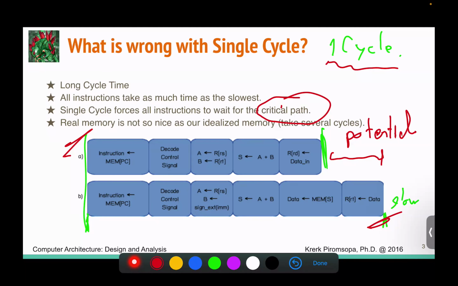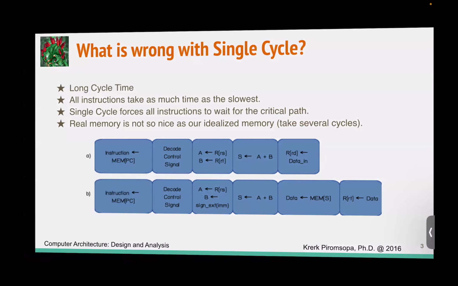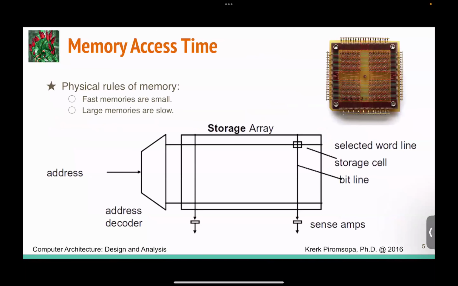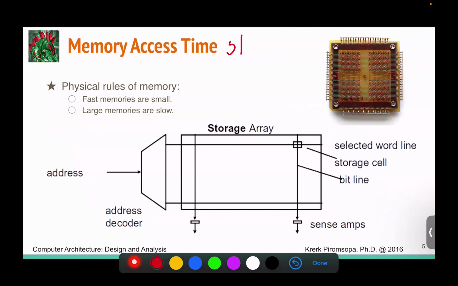So can we make it better? Let's try to understand memory a little bit. Well, there are several kinds of memory. Maybe you have heard of static memory and dynamic memory. Ever heard of it?